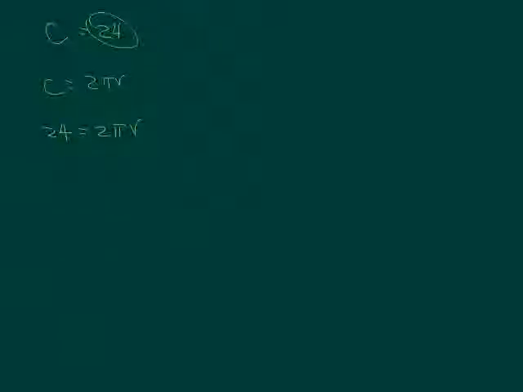Now, if you remember your algebra, if we're trying to get the r by itself, well, first of all, let's multiply 2 times pi. So 24 equals 2 times 3.14, and then we've got our r. And 2 times 3.14 is 6.28.